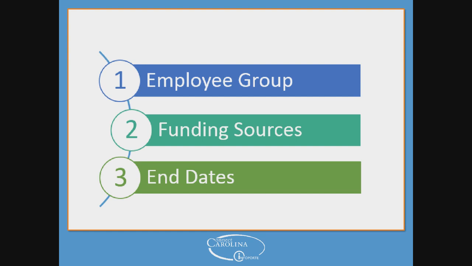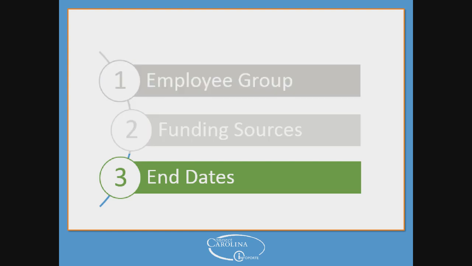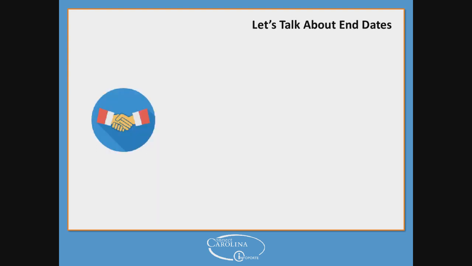So we've covered factor 1, which was employee group. We've covered factor 2, which was funding sources. And now we're going to move on to factor 3, which is end dates. So let's talk a minute about what those are. At a very high level, here we've got a couple of people shaking hands. Our first end date has to do with the person. The last day that the person is going to work is our first date, which is the job end date.